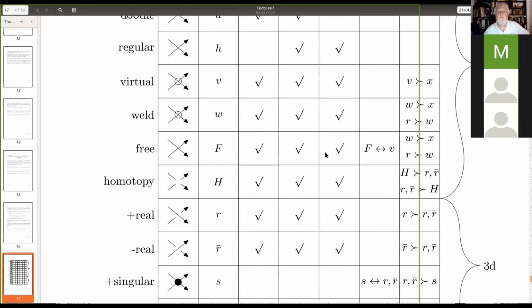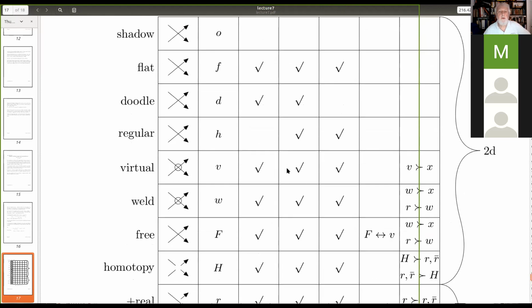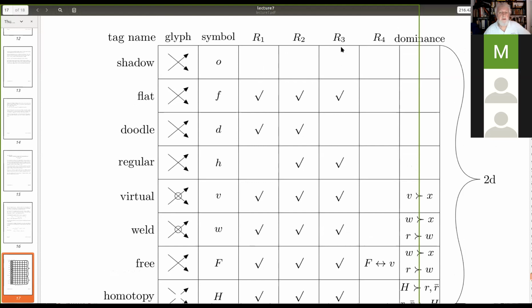There's lots of other things here which you might be wondering about. What is all this stuff? Well, there's also something called a virtual crossing, and Lou neatly says that it's virtual because it doesn't actually have any geometry. It doesn't really exist.